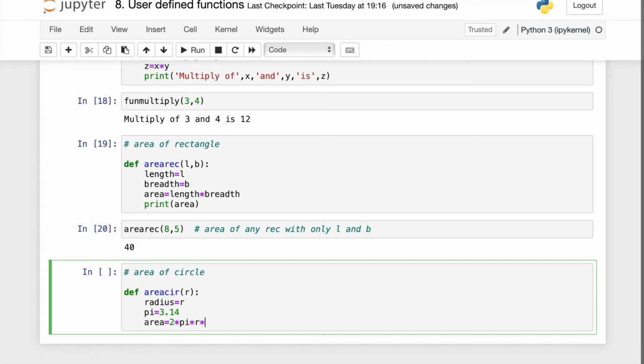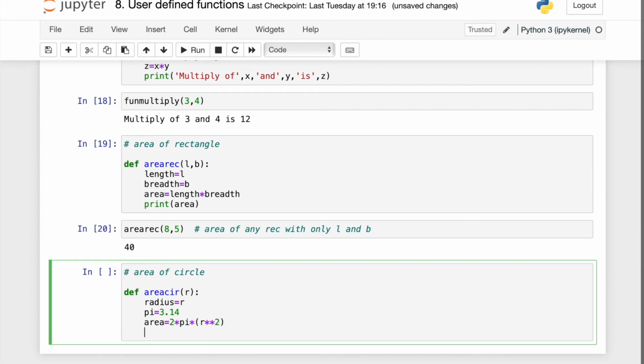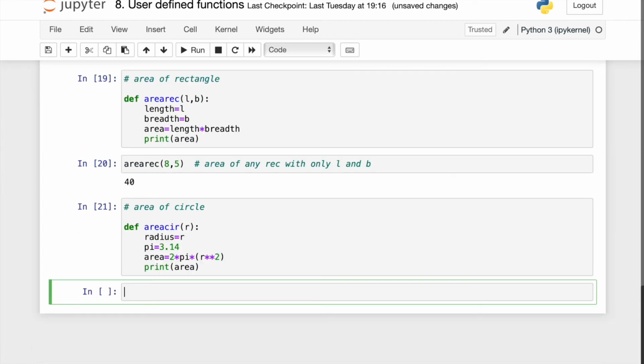In terms of square, we write double multiply. I'll just put this in brackets because r is squared, not the whole term. r square into pi into 2, 2 pi r square. Now print area.